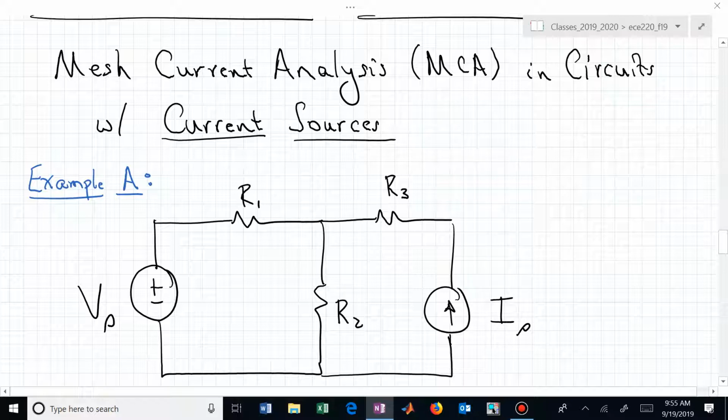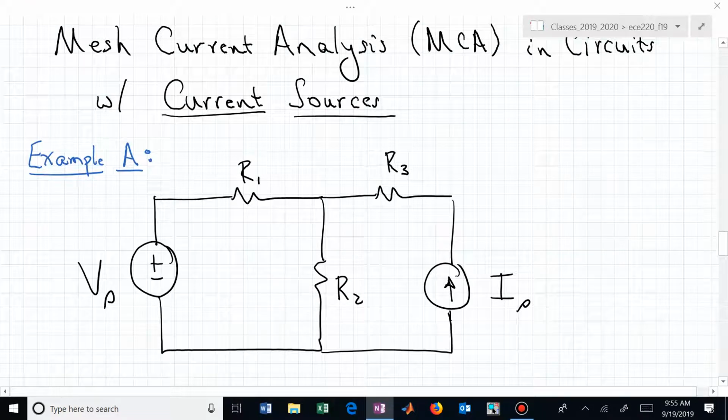What's the first phase or step in that solution process? And here I haven't specified anything. We'll just solve it in terms of these R's and I's and V's. What are you going to do initially?